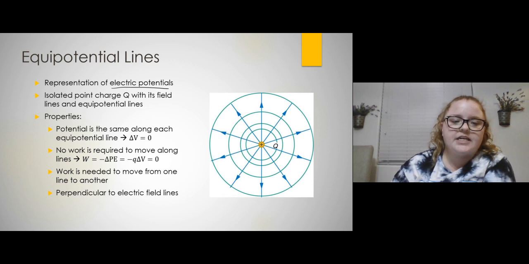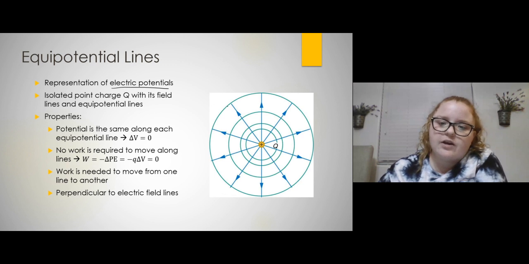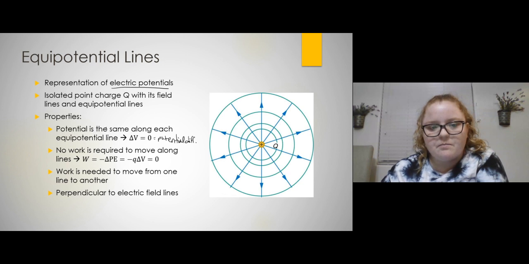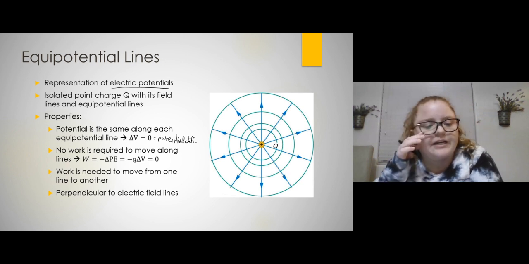The potential is the same along each equipotential line. So if I take the potential at any point on this entire circle, it's going to be the same at every single point. That means the potential difference is 0 along those lines. The potential is not 0, but the potential difference is 0.